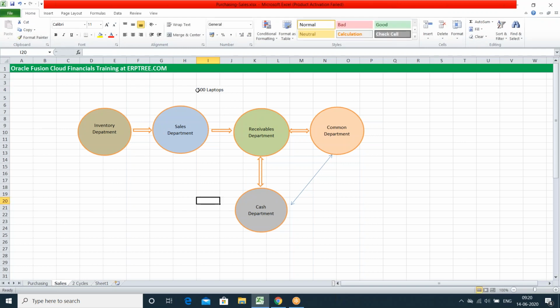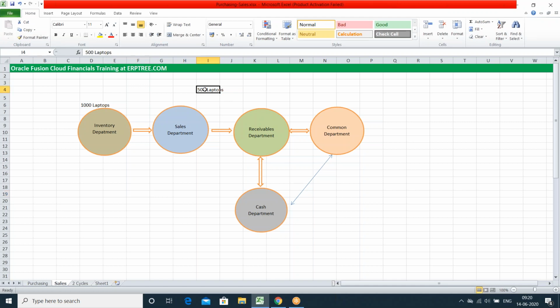Now the sales department will check with the inventory department whether stock is available or not. The inventory department is saying that 1000 laptops are available. We already discussed the responsibility of the inventory department.